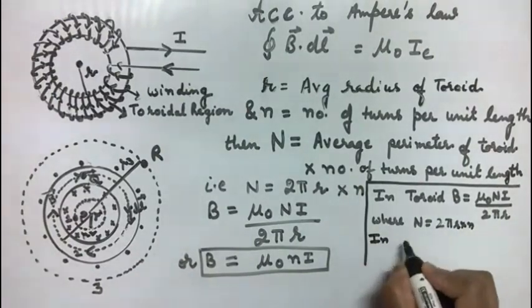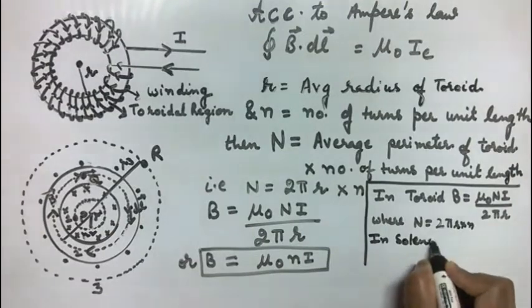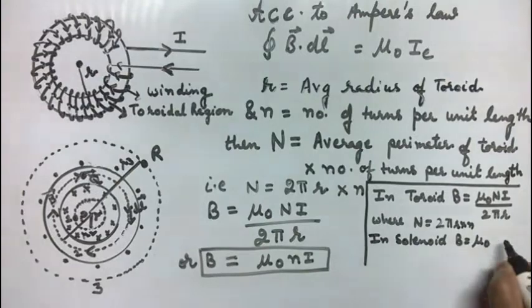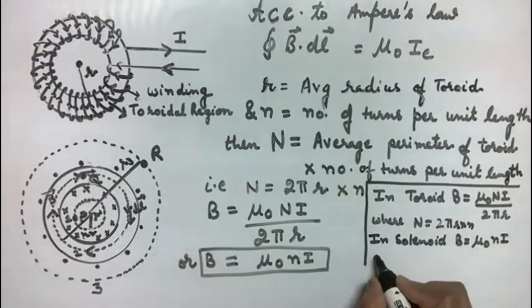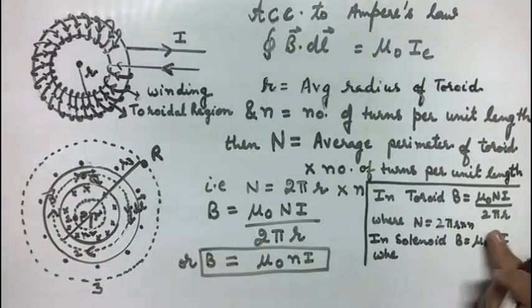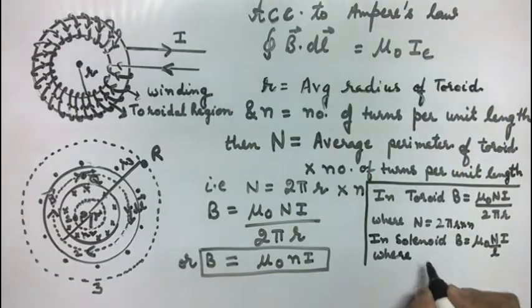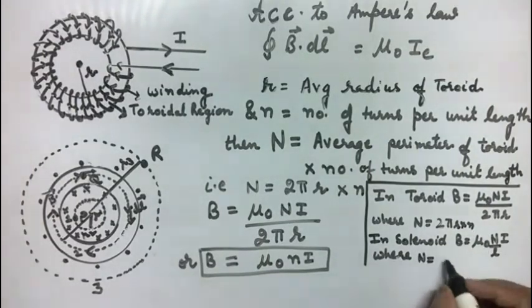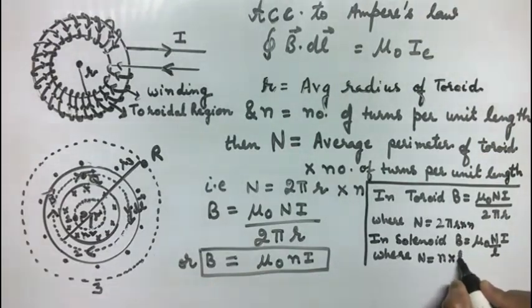In a solenoid, the magnetic field is equal to mu naught n I, or total number of turns per unit length, where N is equal to the number of turns per unit length times the total length of the Amperian loop or solenoid.